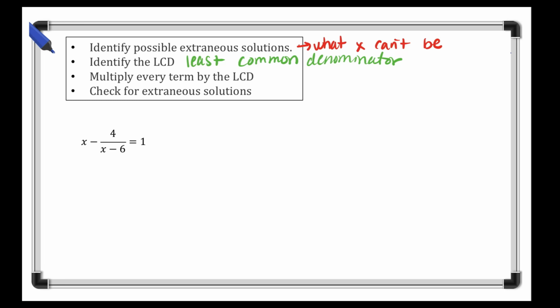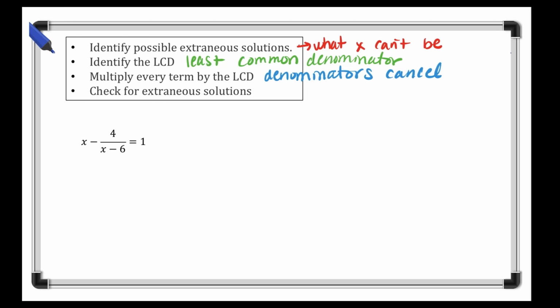And then you're going to multiply every term by the LCD. Now, why do we want to do that? Because we want the denominators to cancel. And then, of course, check for extraneous solutions. So let's go ahead and look at this question together.